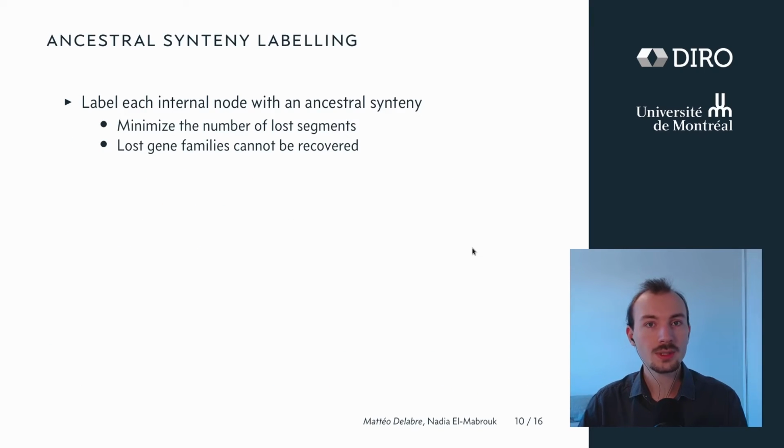Now we turn our attention to the second part of the super-reconciliation, that is the ancestral synteny labeling. We are to label each of the internal nodes with a putative ancestral synteny, and we must do that such that the number of lost segments is minimized. It is important to note that in our model, any lost gene family cannot be recovered later in the evolution process.